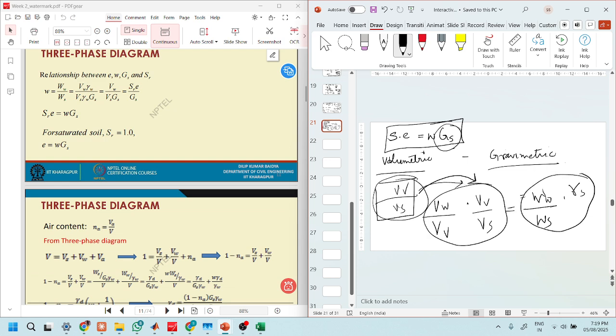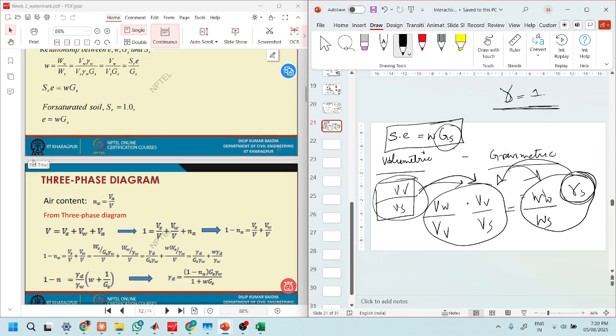What you are doing, based on this gamma s, is asking how much volume the unit mass of the particle occupies, and from these you convert the volumetric to the gravimetric.